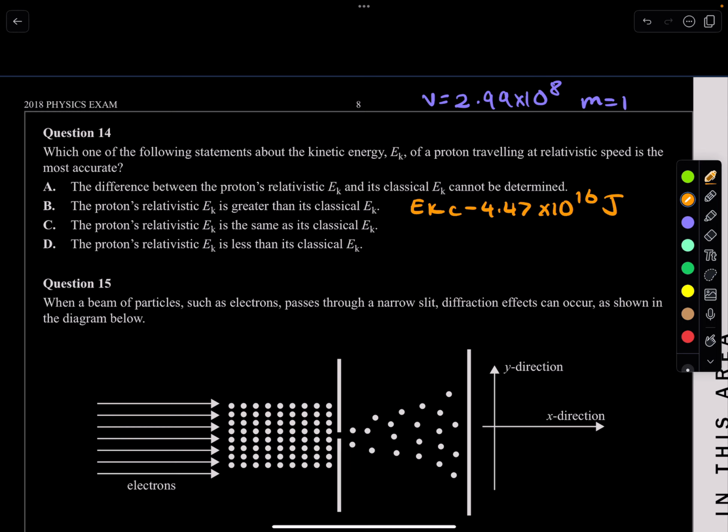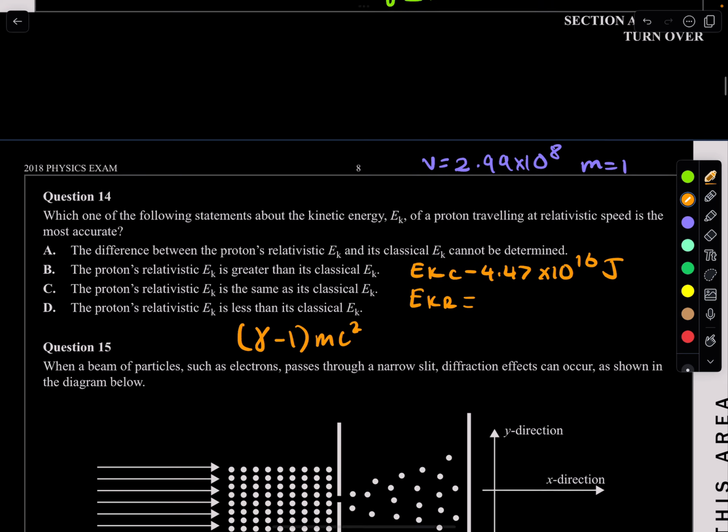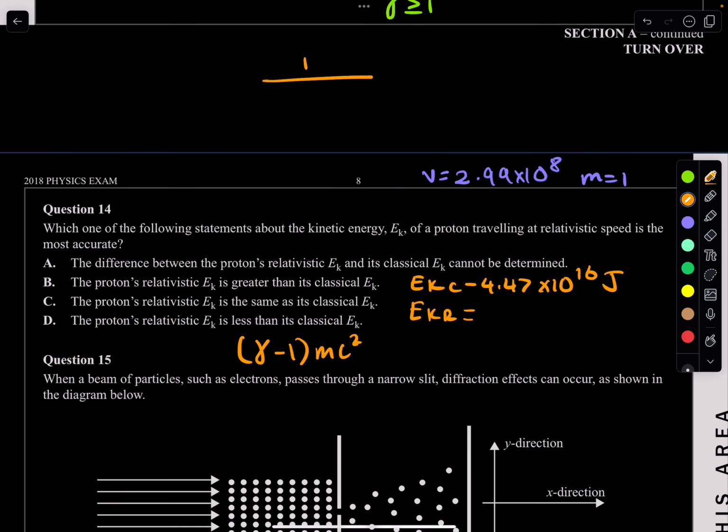All right, now let's look at the relativistic one. If you don't know, it's in your formula sheet. It's just your Lorentz factor minus 1, times mc squared. So what's your Lorentz factor? Well, it's easy because it's just 1 over the square root of 1 minus v squared over c squared.